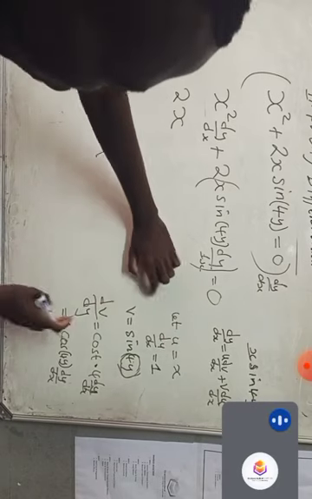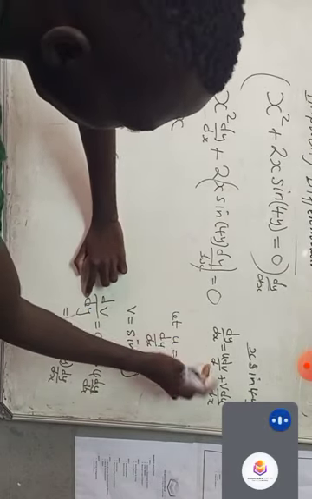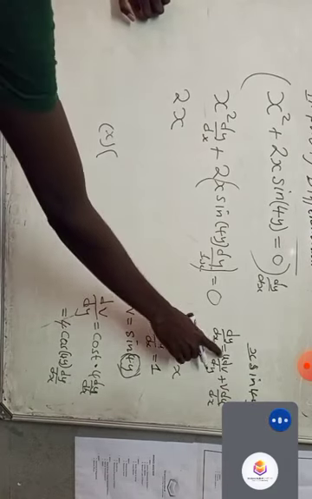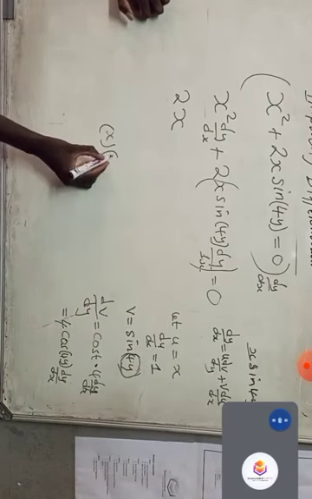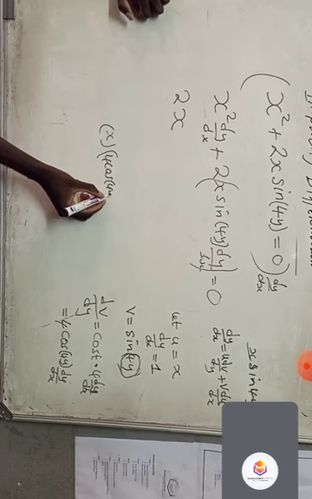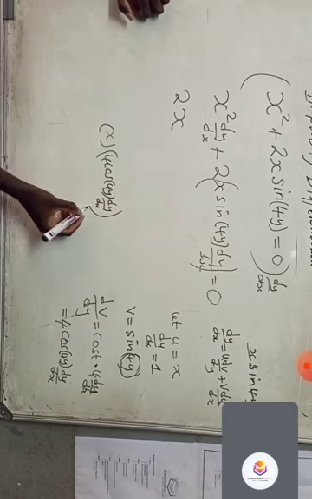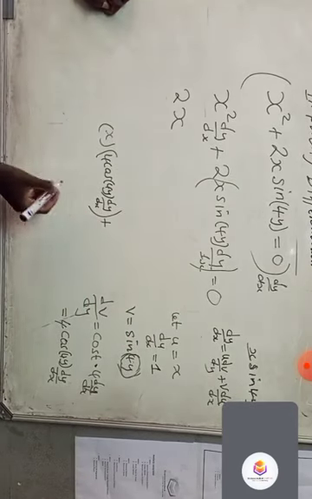Since you are differentiating y, here you are going to have dv over dy, which is this one here, 4 cos 4y dy dx.